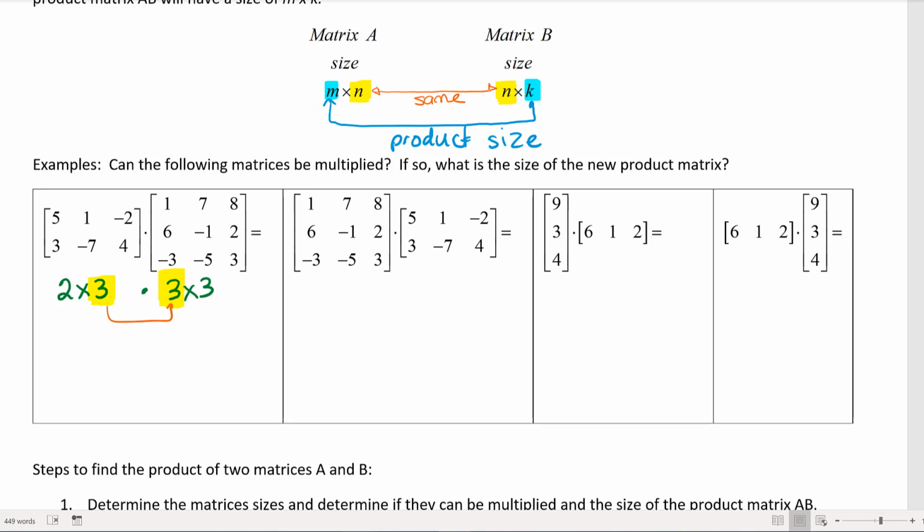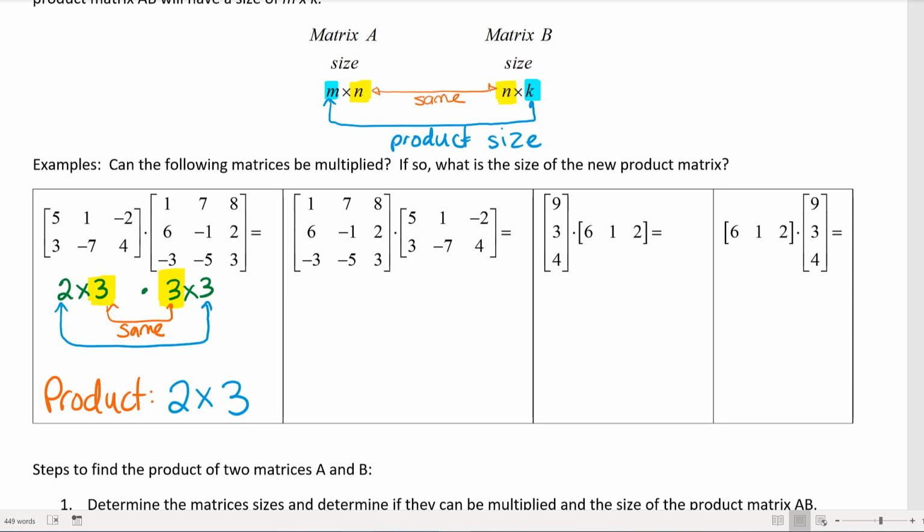Well, yes, they are. They are the same. So that's a check. That means I can have a product. And what size is my product? Well, my product is going to be the number of rows of the first by the number of columns of the second. So 2 by 3.